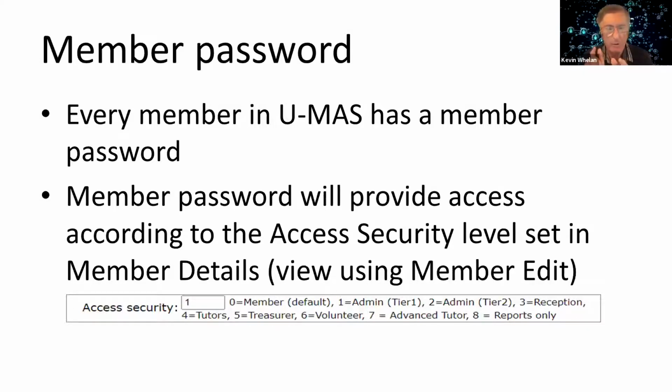That password will also give you access to certain functions according to the access security level set in your member details screen. So down the bottom of your member details screen, there is a list of the 8 functions, and you will be allocated one of those. Each person has one of those levels.